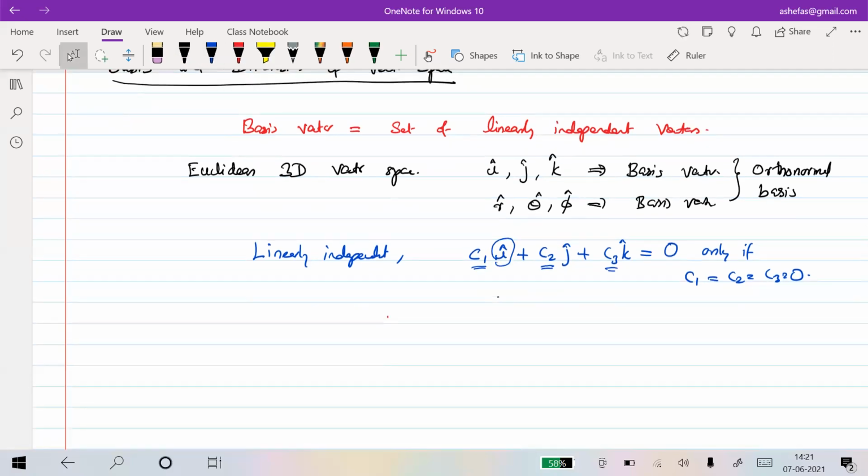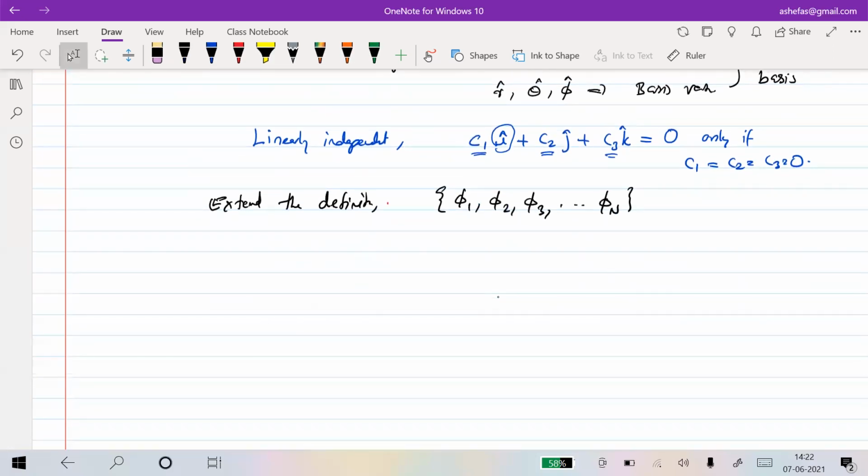So how can you extend this definition? Consider a linear vector space with vectors phi1, phi2, phi3, etc. up to phi n.